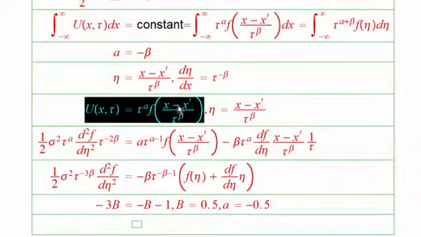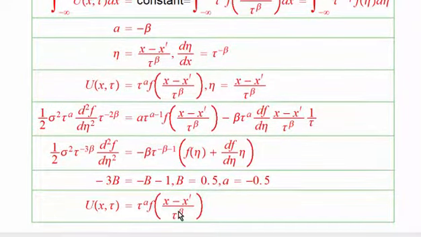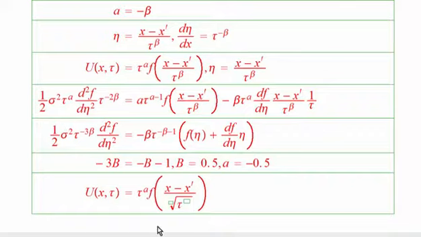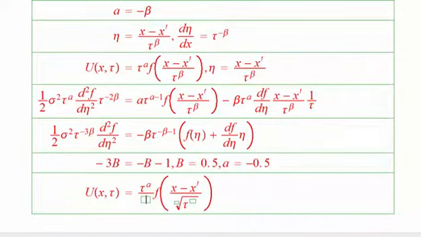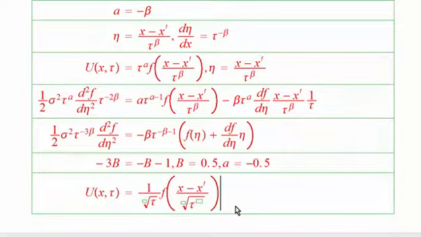So we're saying that the only ones that work are, B's got to be a half, so raise tau to the power of a half, that's a square root. And A's got to be minus a half, so this has got to be like 1 over the square root. So this is what our U is.